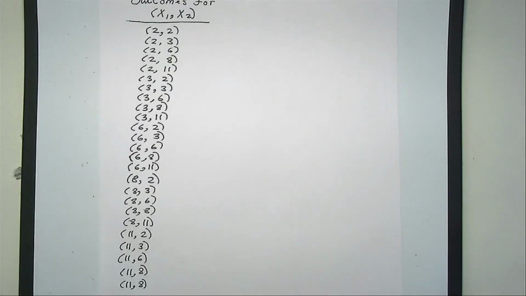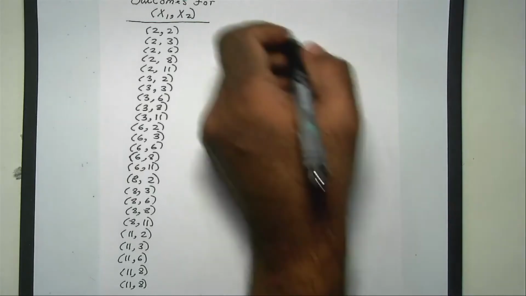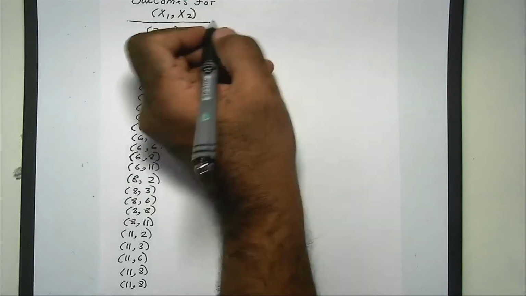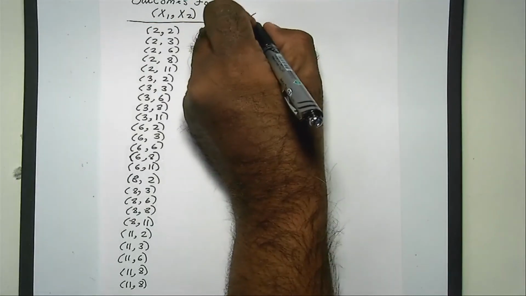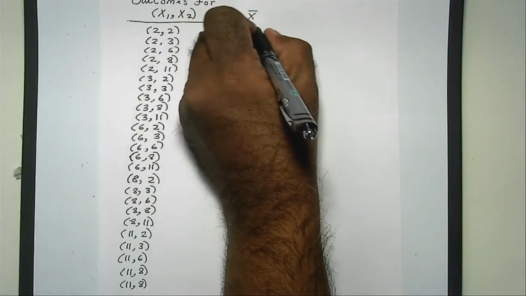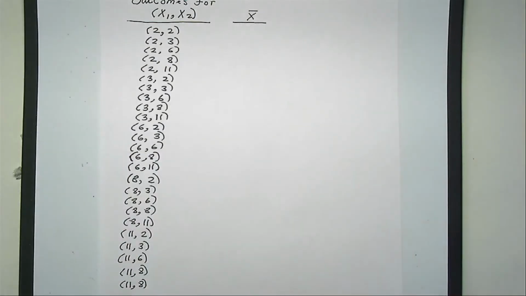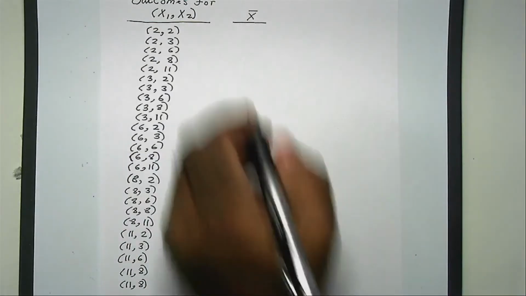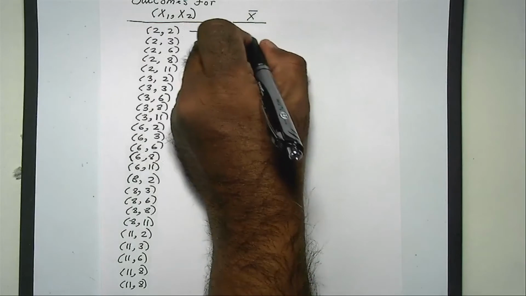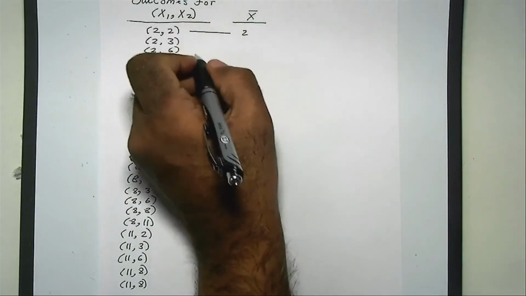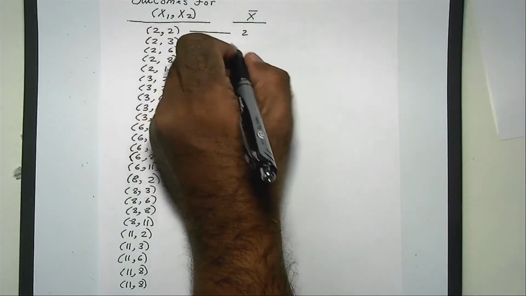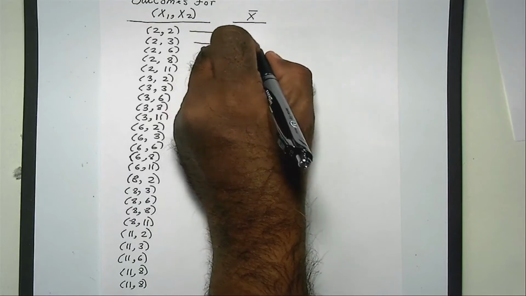Now for each of these, there is a corresponding X bar, right? So what I'm going to do here is write down the values of X bar corresponding to each of these outcomes. So for 2, 2, it will be 2, right? For 2, 3, it is 2.5.